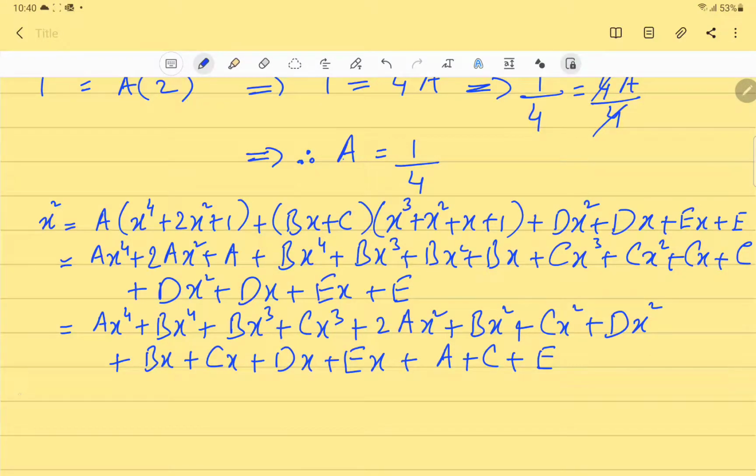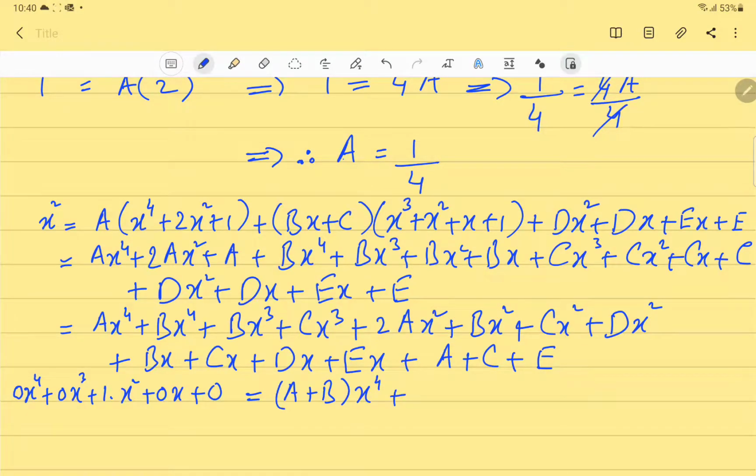Now first of all let us write the left side as 0x4 plus 0x cube plus 1x squared plus 0x plus 0 is equal to, we will take x4 common, so we will have in the bracket a plus b.